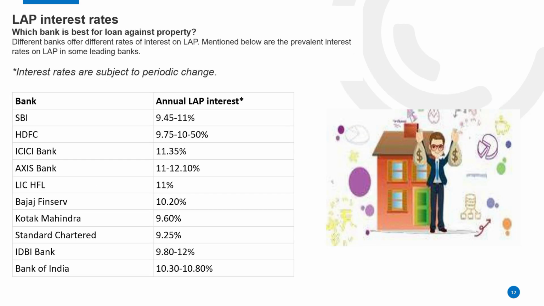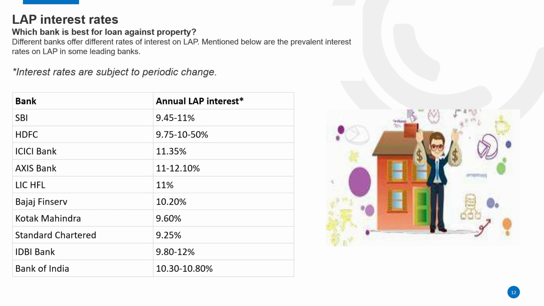LAP interest rates. Which bank is best for loan against property? Different banks offer different rates of interest on LAP. Mentioned below are the prevalent interest rates on LAP in some leading banks. Interest rates are subject to periodic change.